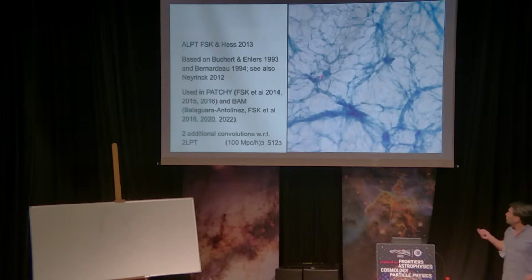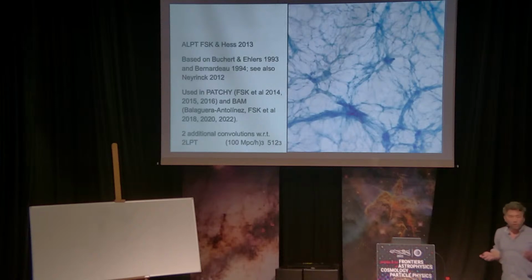Now, this is what I introduced 9 years ago, augmented Lagrangian perturbation theory, combining the Buchert and Ehlers formalism with the Bernardeau formalism, which uses excursion set plus Eulerian perturbation theory for the spherical collapse model. And this is still being used. As you see, there is an improvement in the resolution.